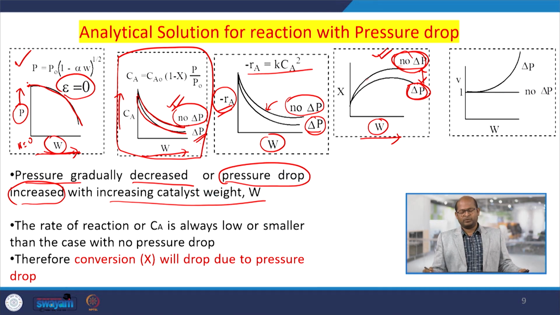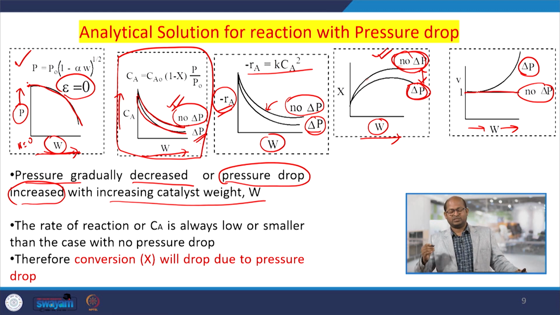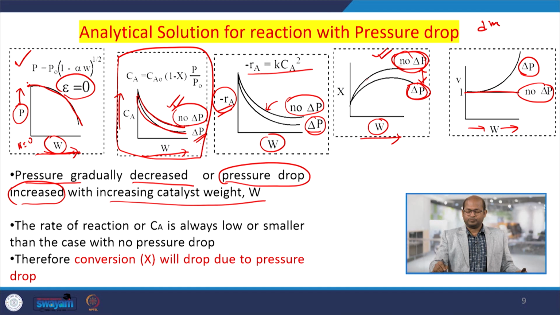Similarly, the volumetric flow rate of the reactor: if there is no pressure drop, then we expect that along the length or weight of the catalyst, the volumetric flow rate remains constant, meaning throughout the reactor there is no change of volumetric flow rate. The unit of volumetric flow rate is dm cubed per second.